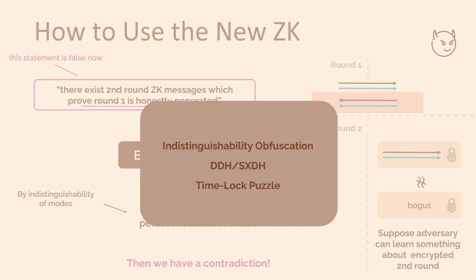Okay, so that's our new definition of zero knowledge and how we use it. And we're able to construct this new definition using the following assumptions. And like I just explained, this is one of the main technical tools that we use in constructing our MrNISC protocol.